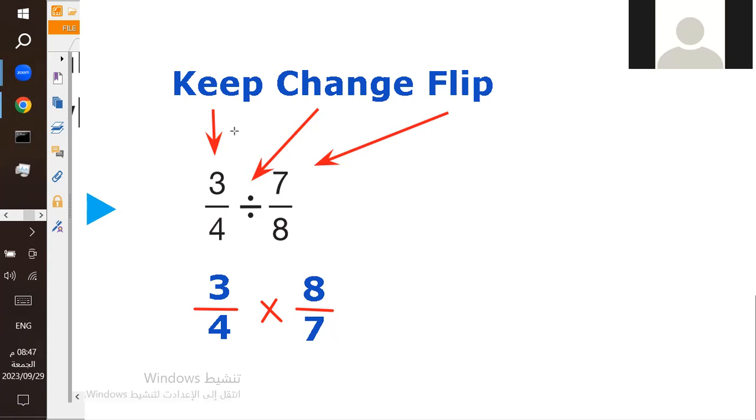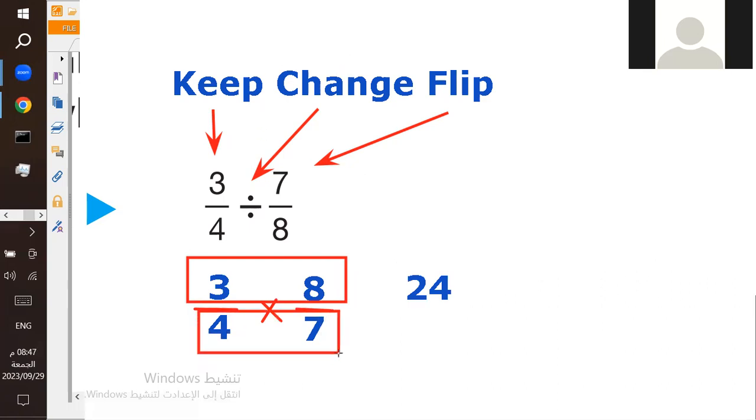So after we did keep change flip, what will we do? We multiply the numerators, and this gives 24. And then we multiply the denominators, 4 times 7 is going to be 28. Okay, so it's going to be 24 over 28. And then you're going to start simplifying by dividing by 2, for example.